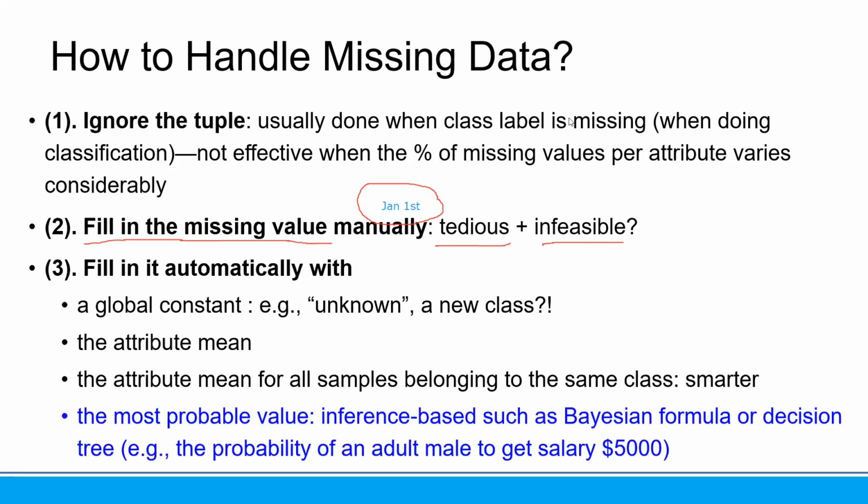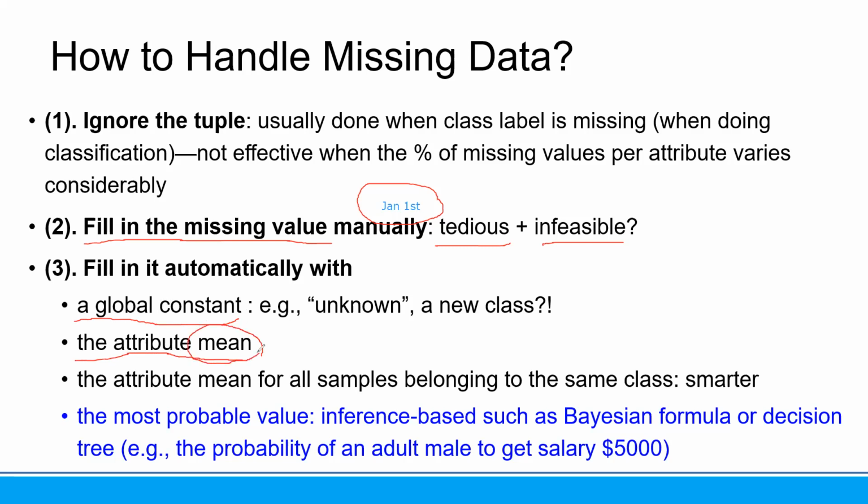Or we can fill in automatically. What does it mean by fill in automatically? We can set a global constant, like unknown. So put all the missing values as unknown, and another problem will appear. Or we can use the mean.